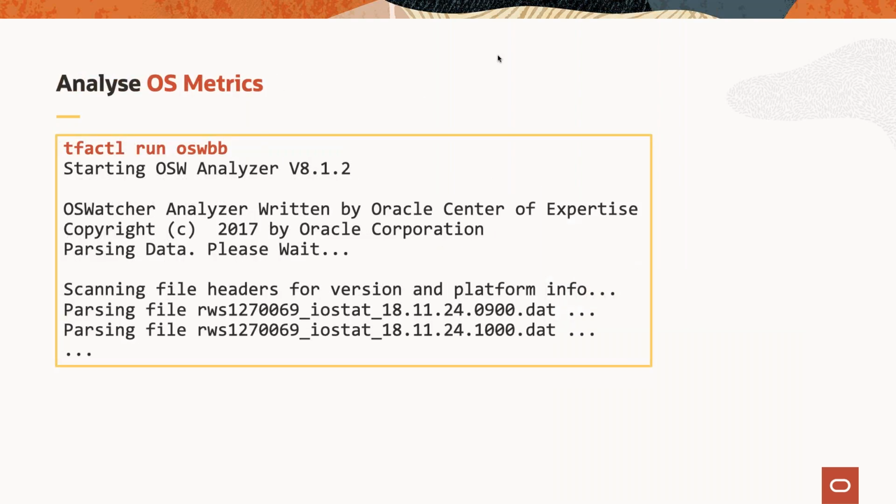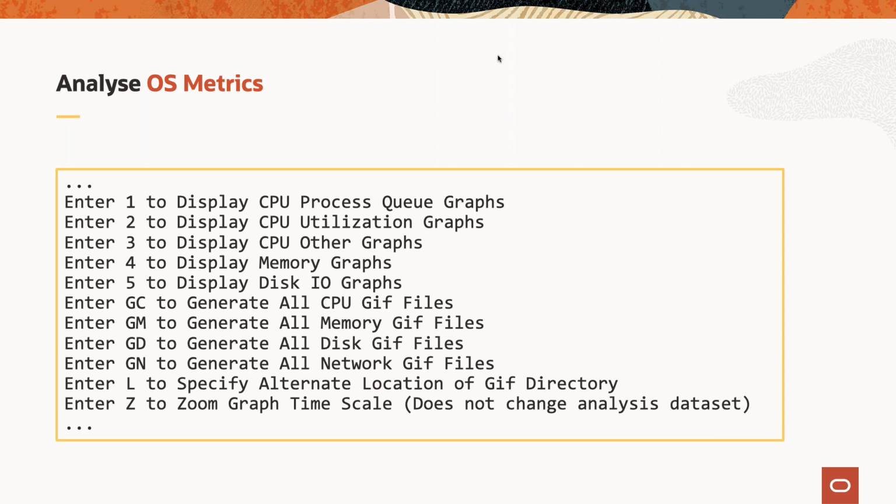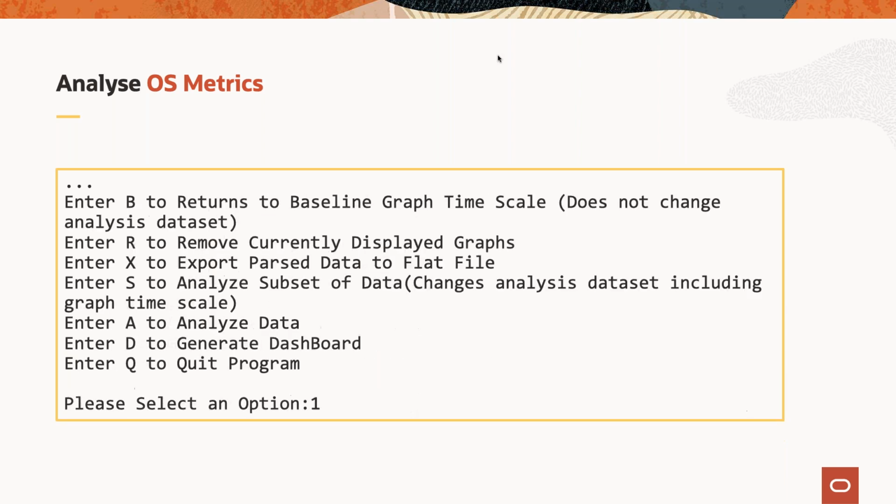It's called tfactl run oswbb. What this command does is it analyzes all the OS Watcher data, and then you can either generate images to look at, or the best option is to basically do analyze data or press A. What that does is it generates information about the OS metrics.